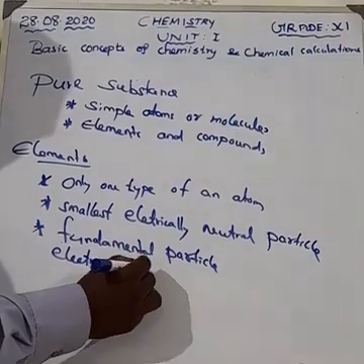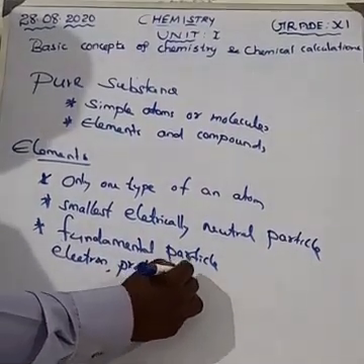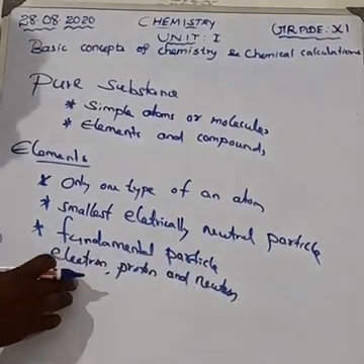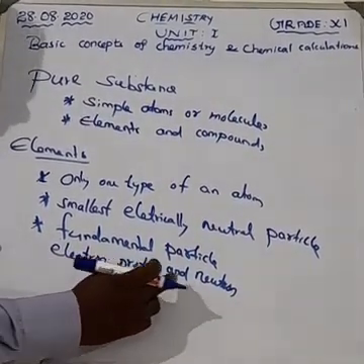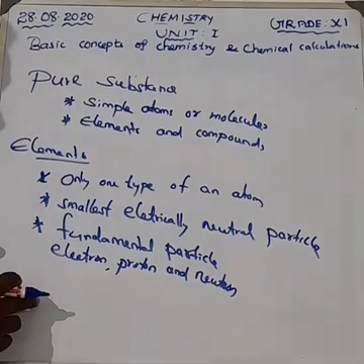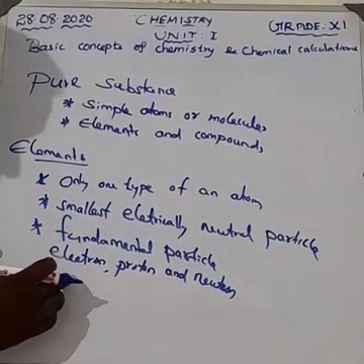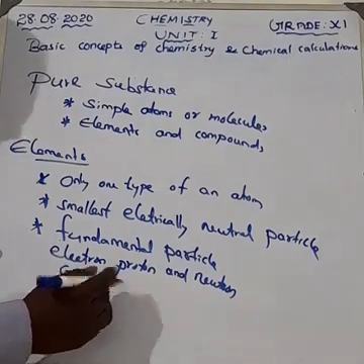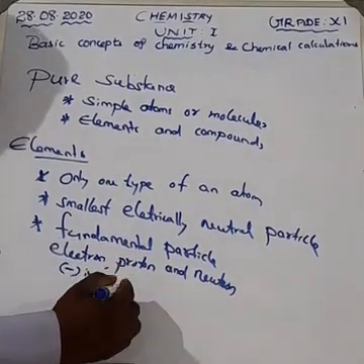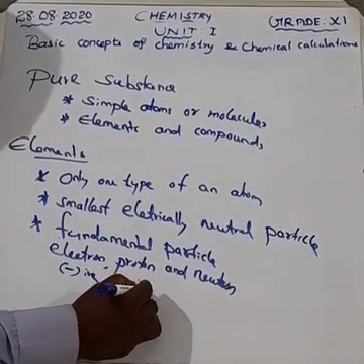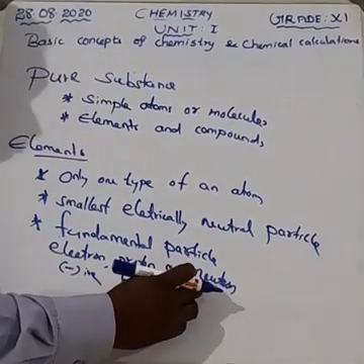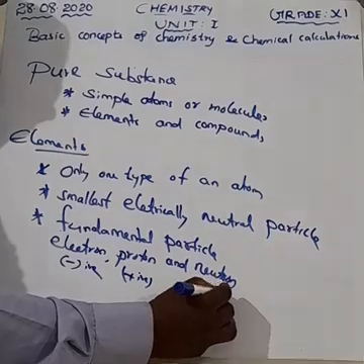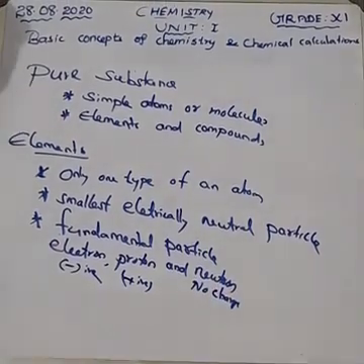Electron, proton, and neutron. Can you say what is the charge of an electron? Negative. What's the charge of a proton? Positive. What's the charge of a neutron? No charge, otherwise neutral charge.